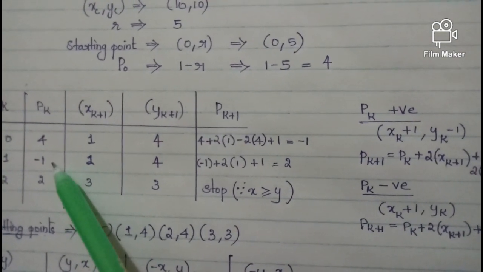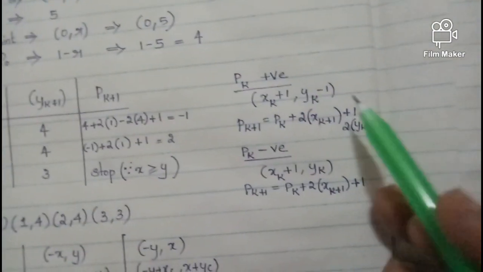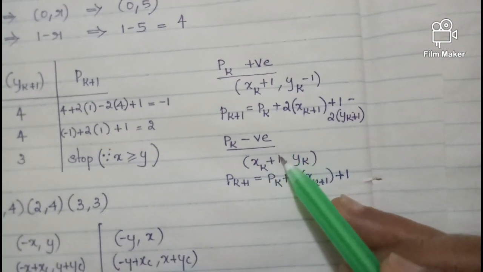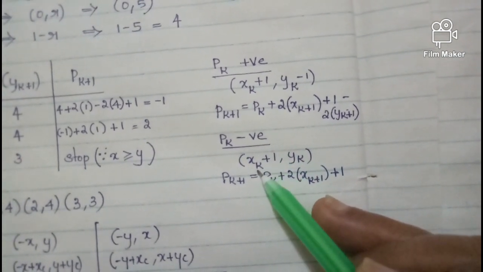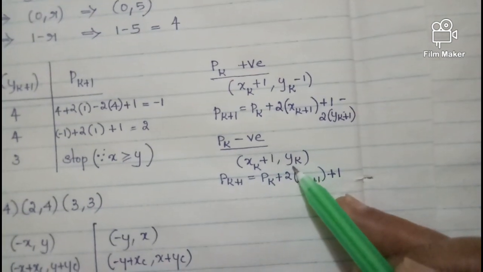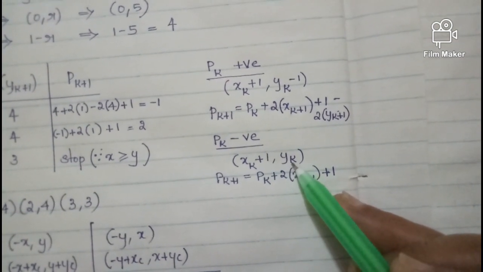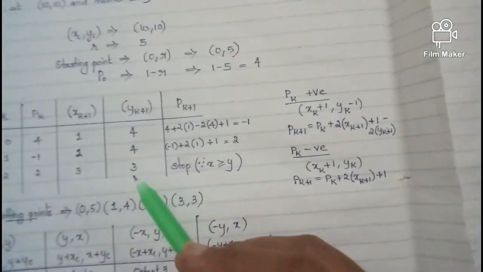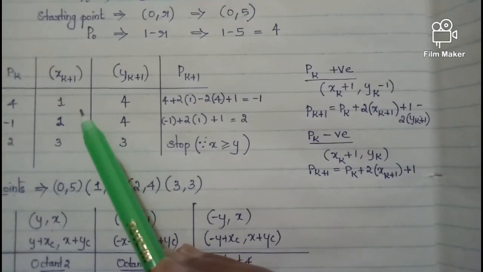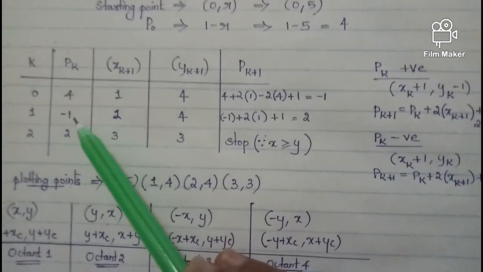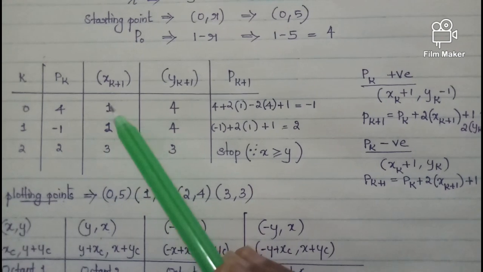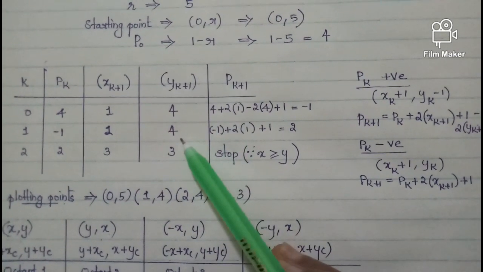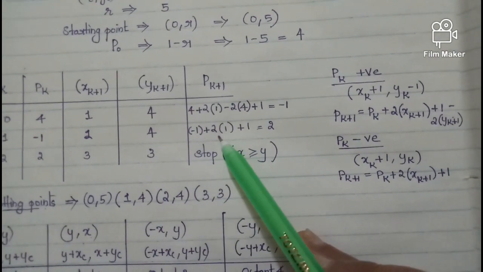When pk is negative, what should be the plotting points? According to the algorithm, when pk is negative, x should be incremented, that is the next value of x is the current value of x plus 1, but y should not be changed. The next value of y is equal to the current value of y. So here pk is negative, x incremented from 1 to 2, but y has no change, y is still 4. What about pk plus 1?